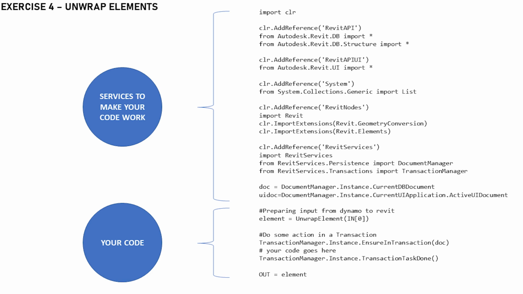So in between ensure transaction and transaction task done, it'll be your code goes here. All that looping and all that stuff would go here. Everything before would be just calling in more reference libraries, and also spelling out the document manager, meaning this is all going to help you modify the existing Revit elements. That's the best way I can explain wrap and unwrap.